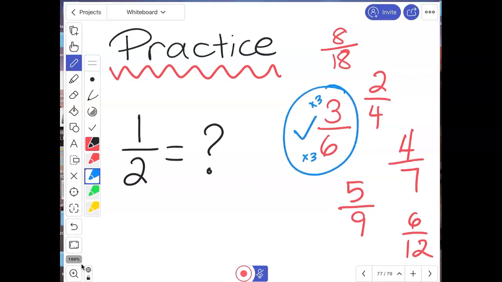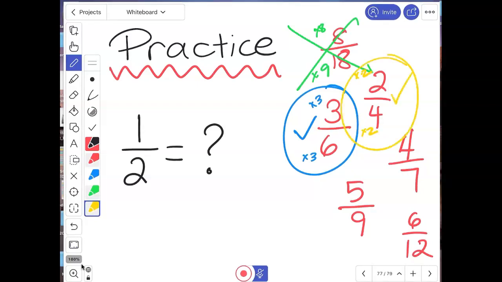Okay, let's check this one. 1 times 8 is 8. 2 times what is 18? It's not 8, it's 9. That does not work. How about 2/4? 1 times 2 is 2, and 2 times 2 is 4.